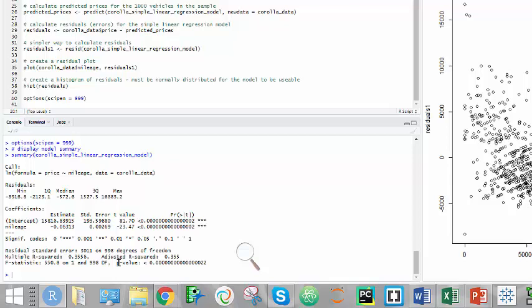Now, on the other hand, if your p-value is between 0.05, 5%, and 0.1, 10%, then you will see a dot after the p-value, which means that there is weak evidence to support your alternative, that the variable is significant.